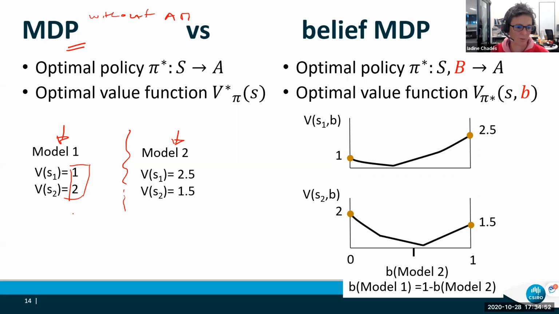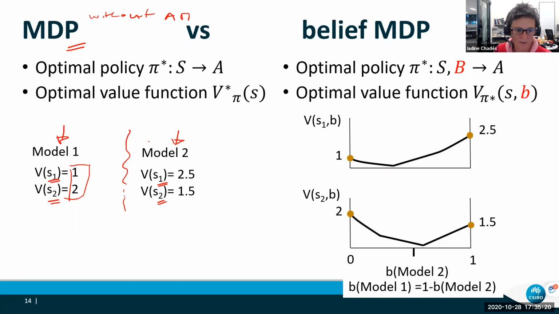The value of the optimal value function depends on your starting state, S1 and S2. And for model 2, it's an alternative scenario. If we were to solve the MDP, then we get a different value function for S1 and S2.